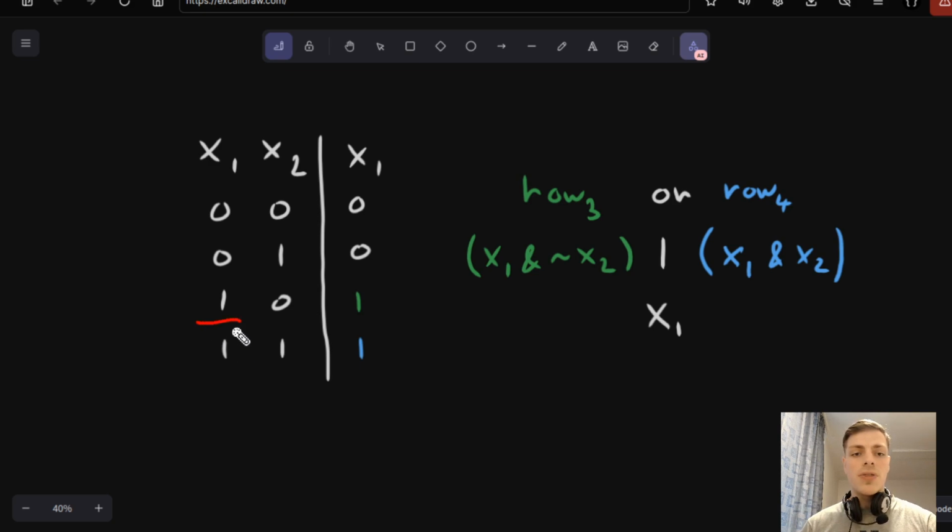So rows 3 and 4 have the same value for x1, but a different value for x2. So here, if x1 is equal to 1, then the output will be equal to 1 no matter what value x2 has. So we can get rid of x2 and the final output will be just equal to x1. So this is a reduction that we will use in the truth table problem.